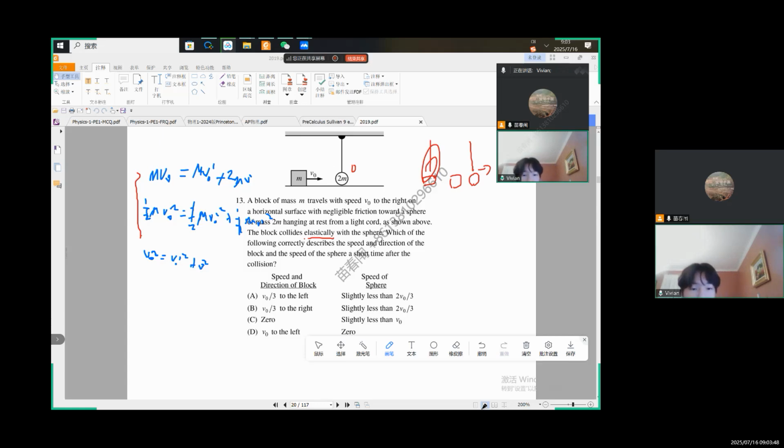It's 2m. Oh wait, there's still an m here. mV prime squared plus V0 prime squared equals V0 prime. Then V0 equals mV prime plus 2mV prime. Well, then you have V0. That doesn't really help.